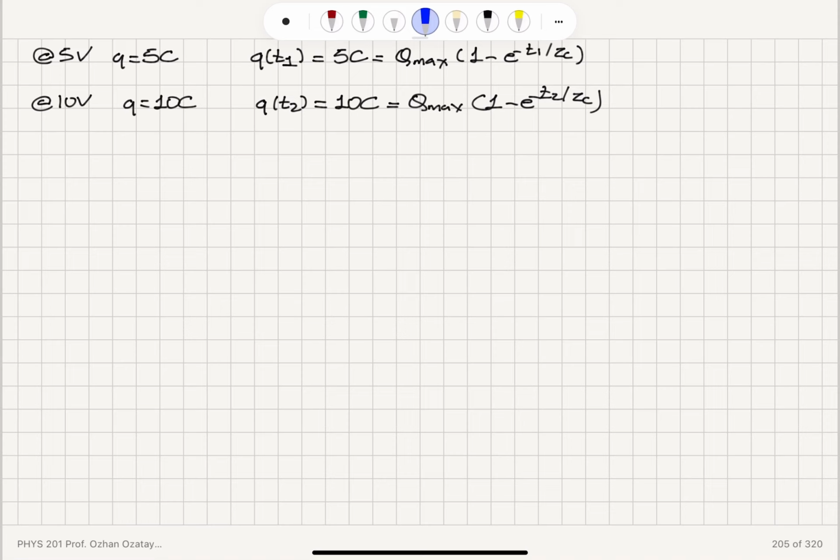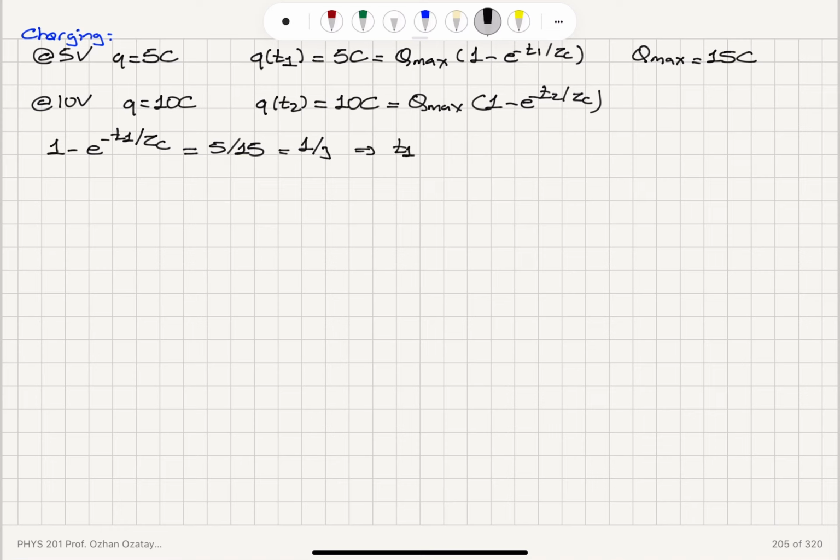So for the charging portion of the cycle, I have basically these two equations. Because I already know that Qmax is equal to 15C, 1 minus exponential minus T1 over tau C should be equal to 5 divided by 15, which is 1 over 3.